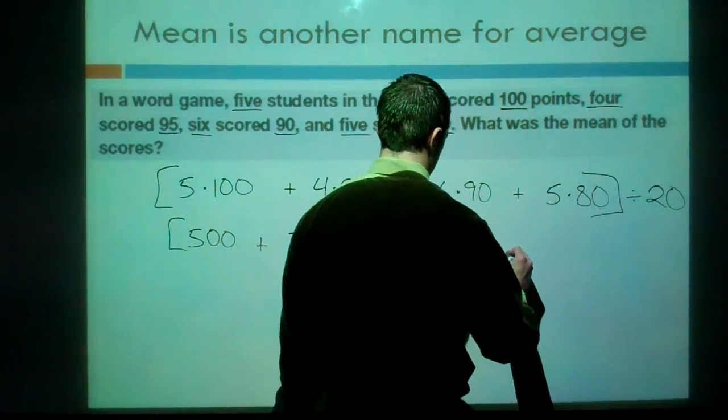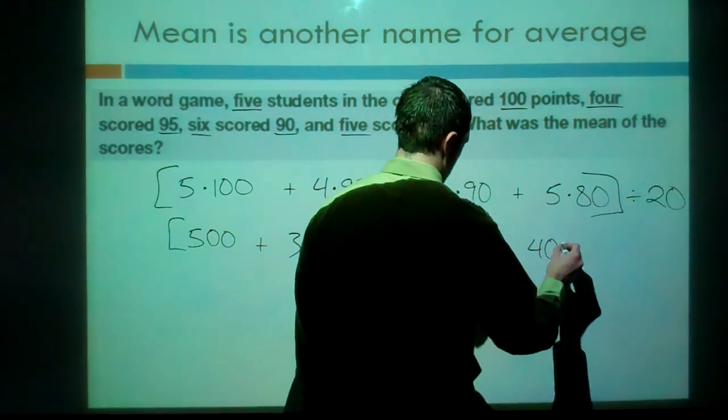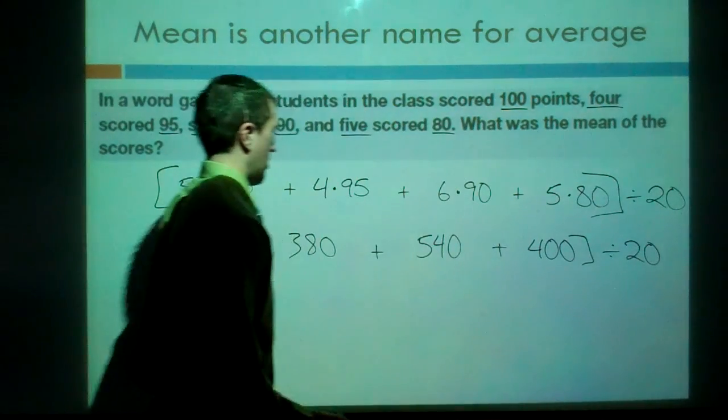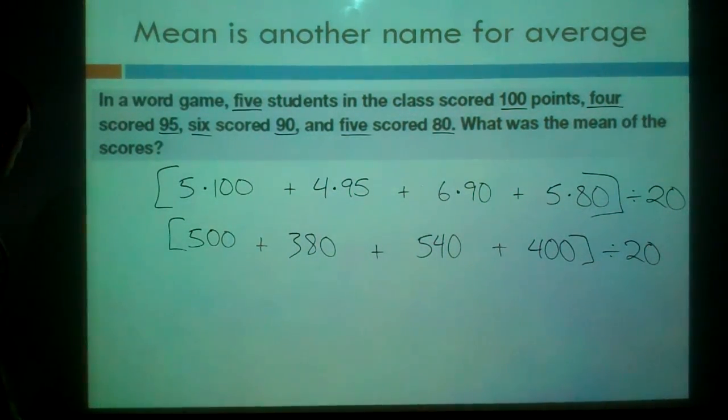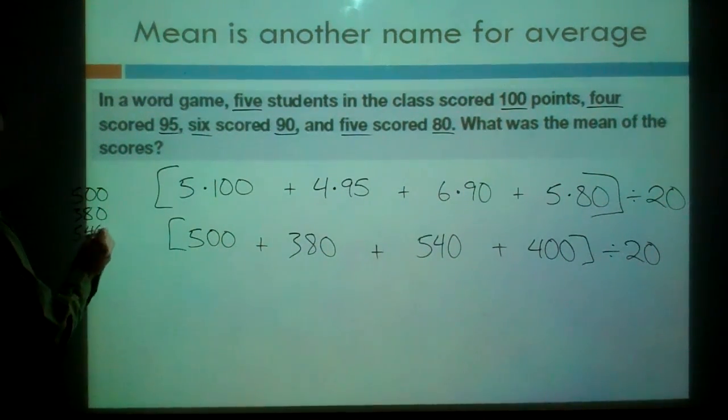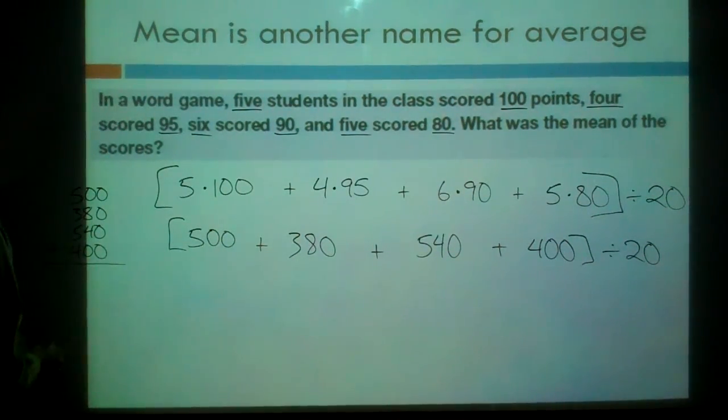And then 5 times 80, which would be 400. All that divided by 20. So now if we add everything together here, I'll just go on the side. 500, 380, 540, and 400. We add all those up.